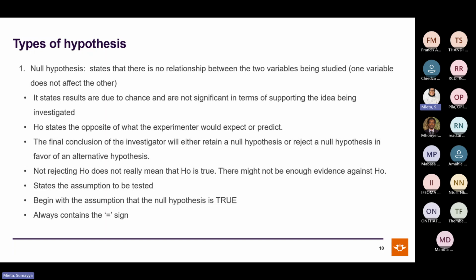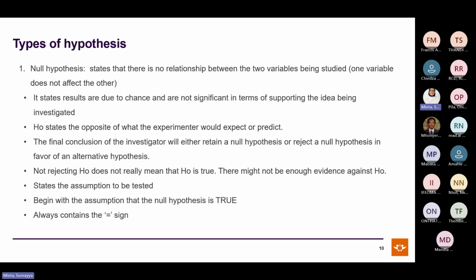The null hypothesis will say that even if the student studies for 4 hours a week, they will still not pass the assessment. But we are predicting that with the effort the students put in for that specific amount of time, they will be able to pass 50% of that assessment. So the null hypothesis states the opposite of what we expect or predict.